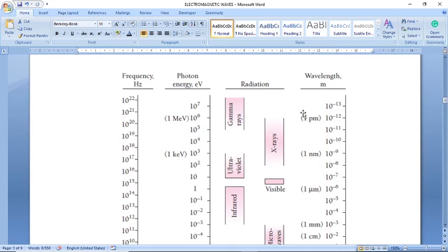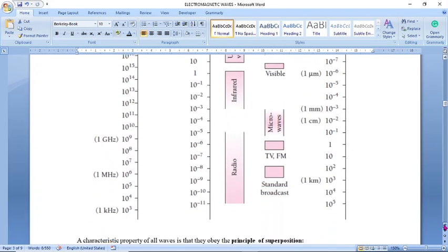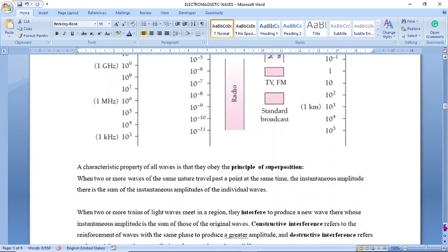And from this spectrum, you can also see that the wavelength of gamma rays is about 10 power minus 13, but the wavelength of visible rays is in the range of micrometers, while here it is the picometer range. This arrangement is simply the spectrum.